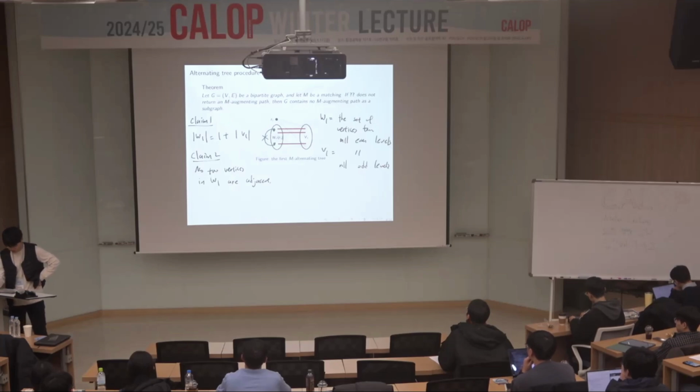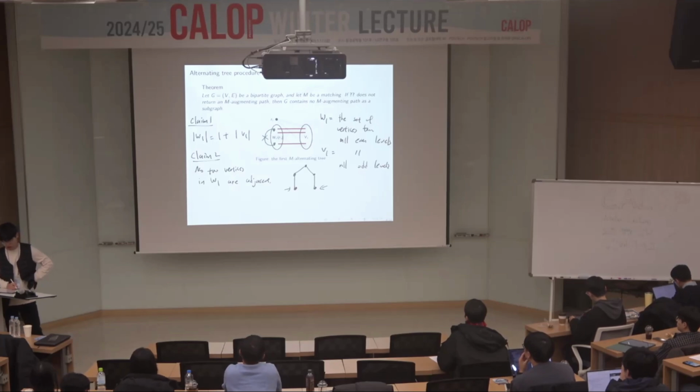Let me give you one example and then I'll explain formally. You have these two matching edges. Let's say I have these two even vertices. If there's an edge between these two, let's say these two vertices are U and V, then you create an odd cycle.